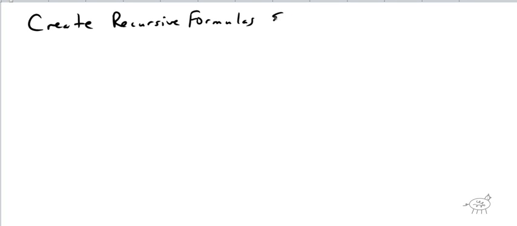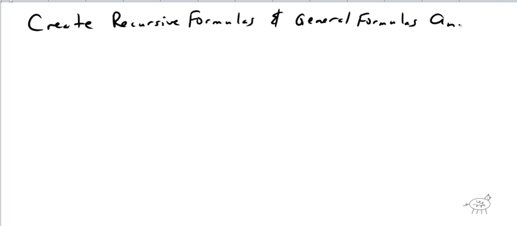All right, so let's keep going here. The next thing we're going to do is create recursive formulas and general formulas, which is your a sub n.